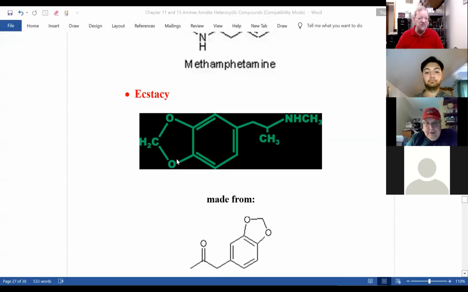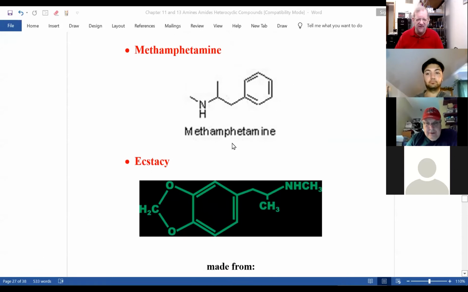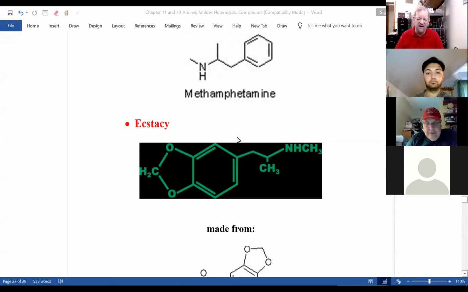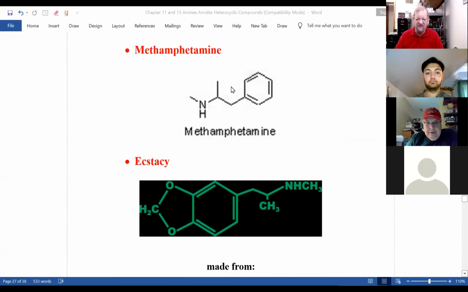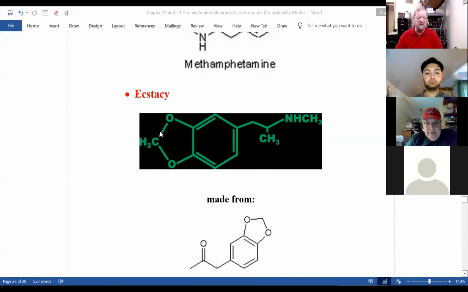And here's ecstasy, which is similar to methamphetamine. This area right here is the same, the benzene ring. The only difference is you have the acetal of formaldehyde attached to this ring.